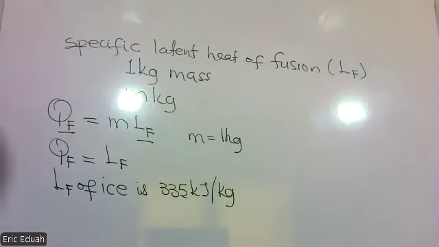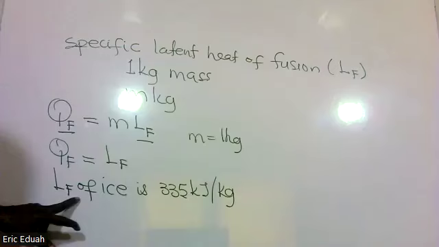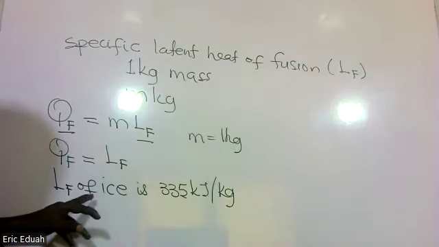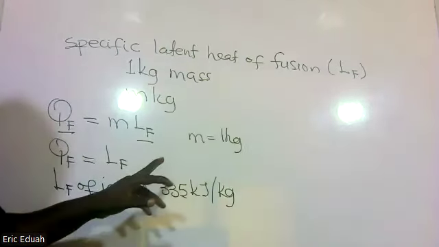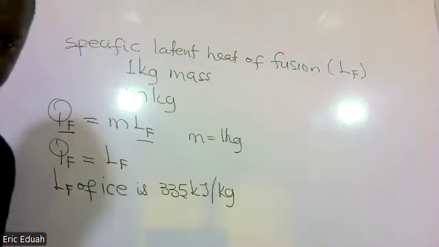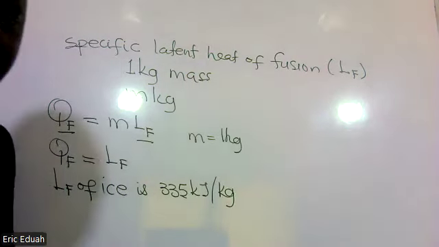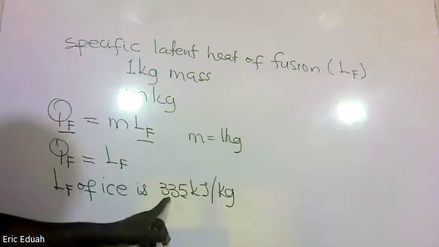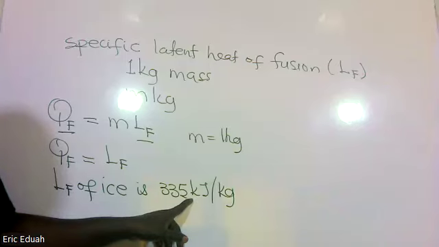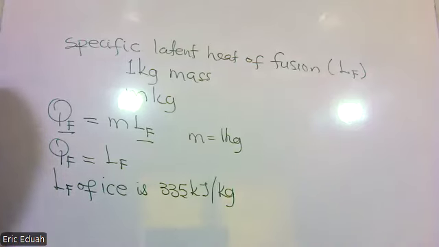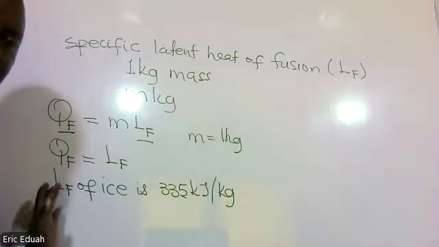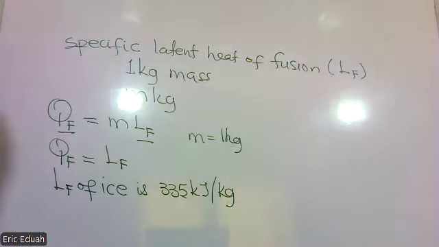Meaning that for ice, which is in a solid state, to change state from solid to liquid at its melting point, ice must absorb 335 kilojoules of heat energy in order to change state from solid to liquid at that constant temperature.